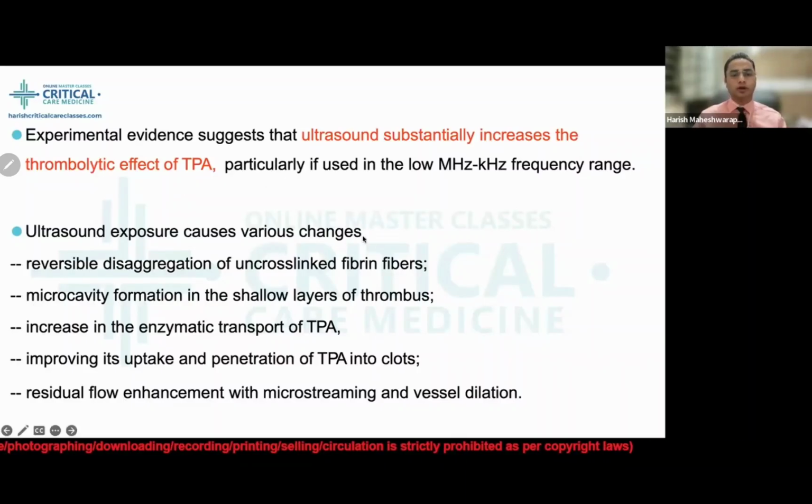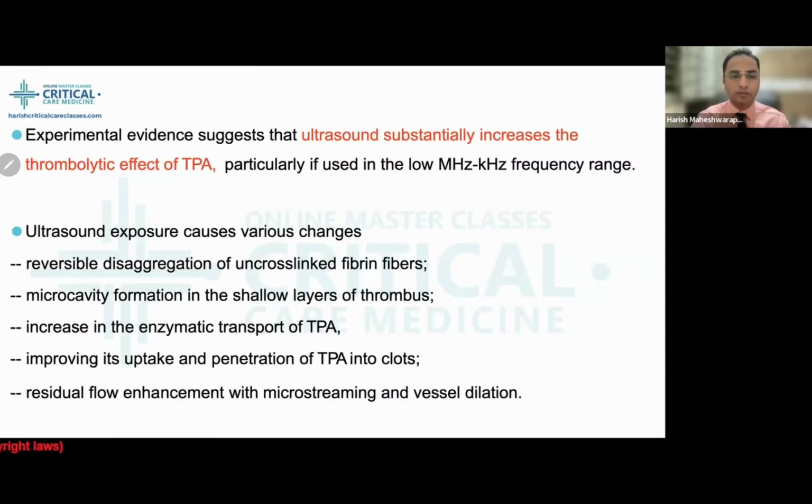Ultrasound exposure causes various changes like reversible disaggregation of uncross-linked fibers, microcavity formation in the shallow layer of thrombus, increase in enzymatic transport of tissue plasminogen activator, improving its uptake and penetration into the clot, and residual flow enhancement with microstreaming and vessel dilatation.